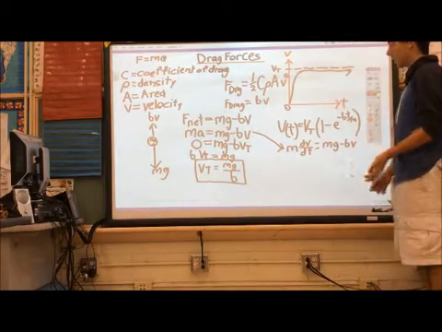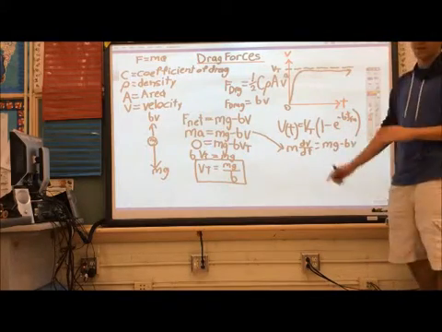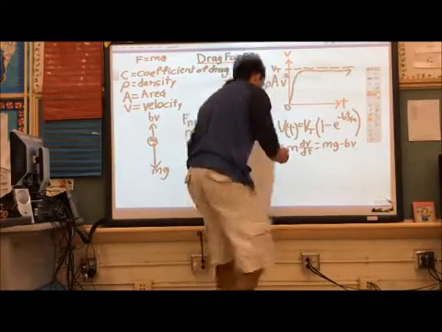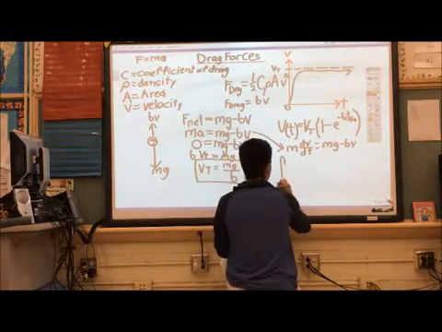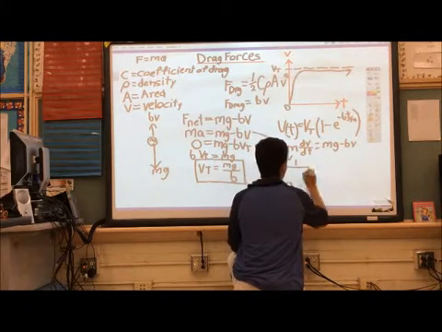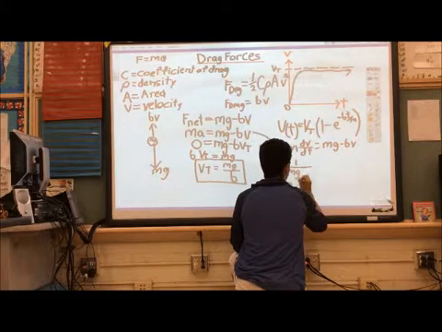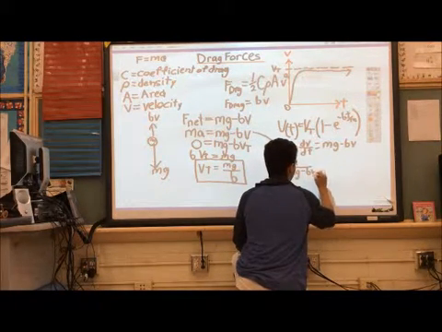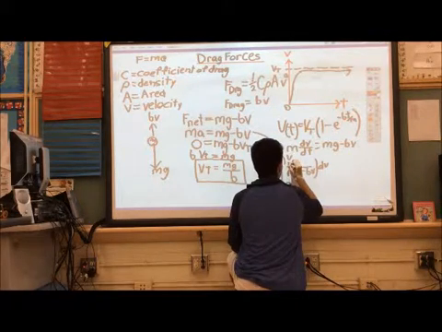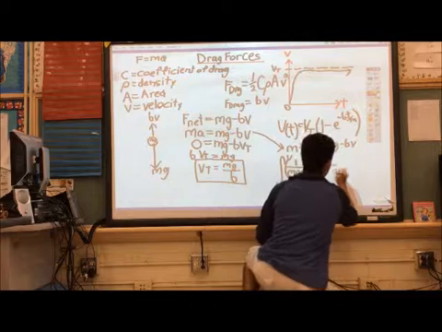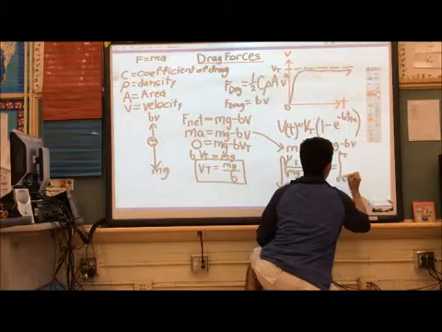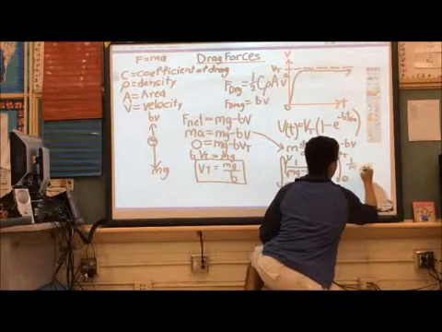So if you know calculus, I encourage you to try this, and I'll give you the start of it. If you really want to try this at home, integrate from 0 to v with 1 over mg minus bv times dv, and from 0 to t with 1 over m dt.